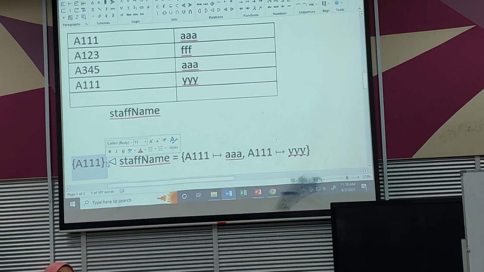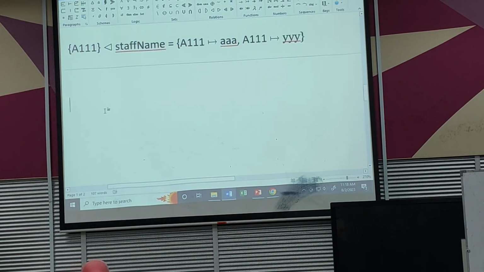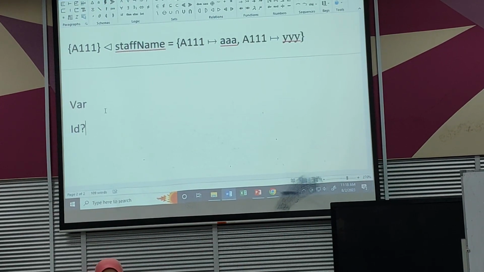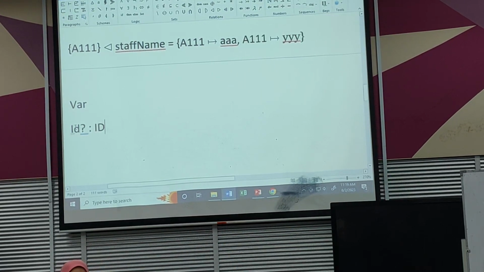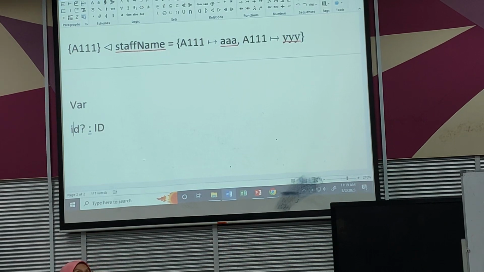But let's say you use a variable. I declare a variable called ID, input of type ID. So I declare a variable called ID that I want to search. The ID is input into my system, and then I want to search this ID. How to do this?